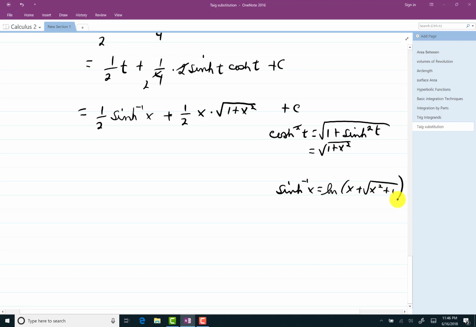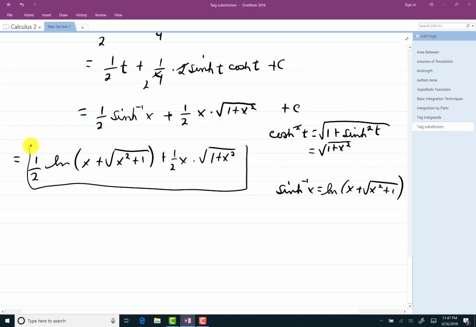So I can write my final answer if I want to. You could leave it like this, and you'd be done. But just to show you, we get the same answer as before. You can see that this answer matches up with what we had before.